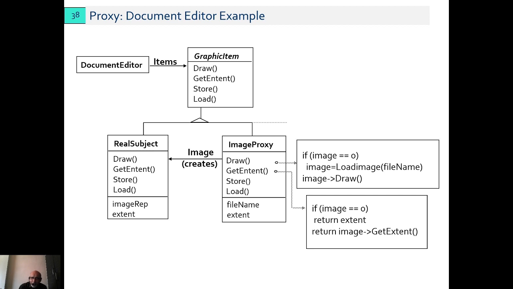So, image proxy will create the real subject's images with the help of graphic item, providing all of its services to it. So, document editor can invoke the mechanisms and the methods which are there with the graphic item.